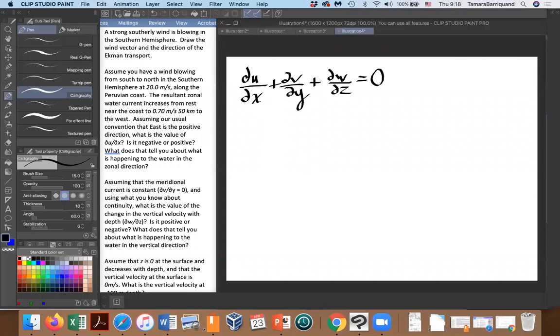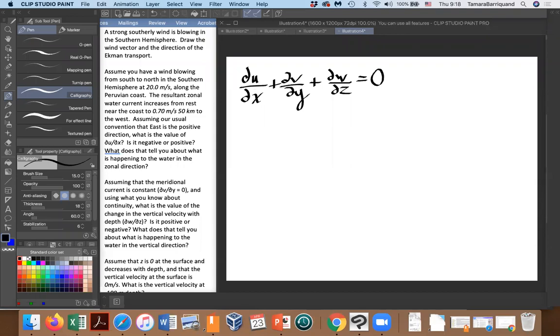And that can only happen if the water that's rushing into the box in one area, or rushing out of the box in one direction, is going to be piling up in the box in another direction. So we need to make sure that we have conservation of volume in our box.